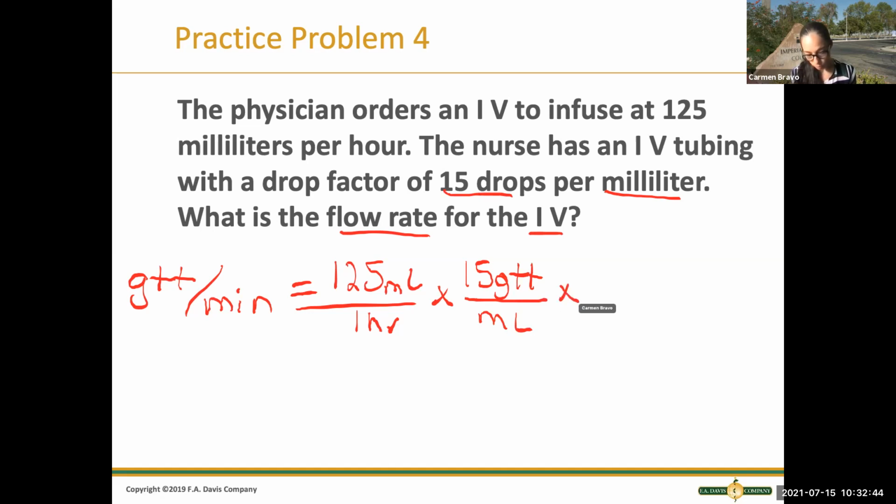Right now, if I cancel this out, I'm not able to. I still have to get rid of the hour, right? So I have to put 1 hour, 60. So now I can cancel hour, and now I'm finally left with GTTs per minute.